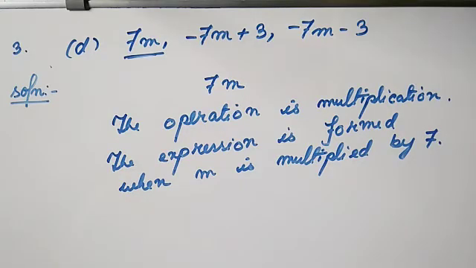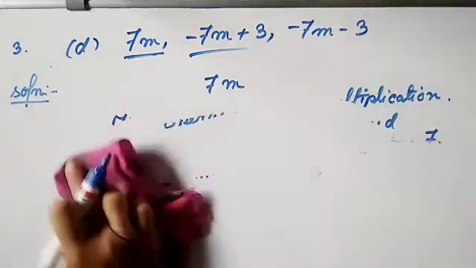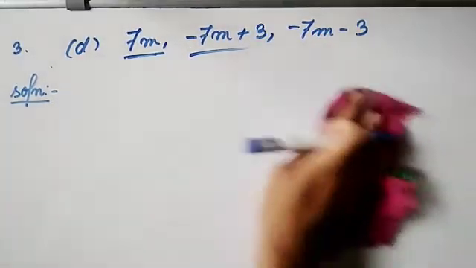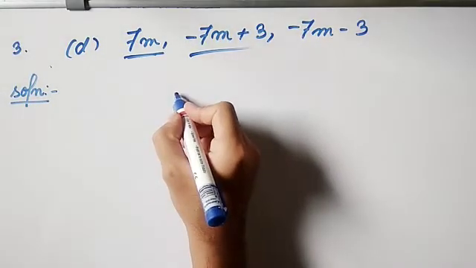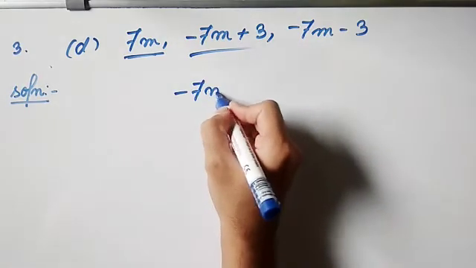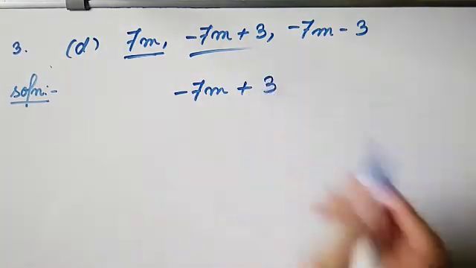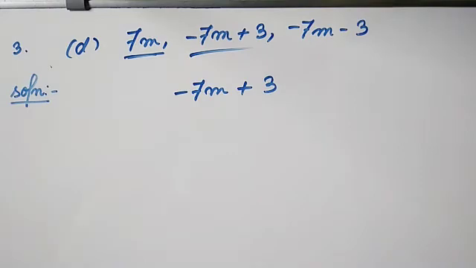Okay, next, let's try our next expression. Our next expression is minus 7m plus 3. Minus 7m plus 3. So this is our next expression.